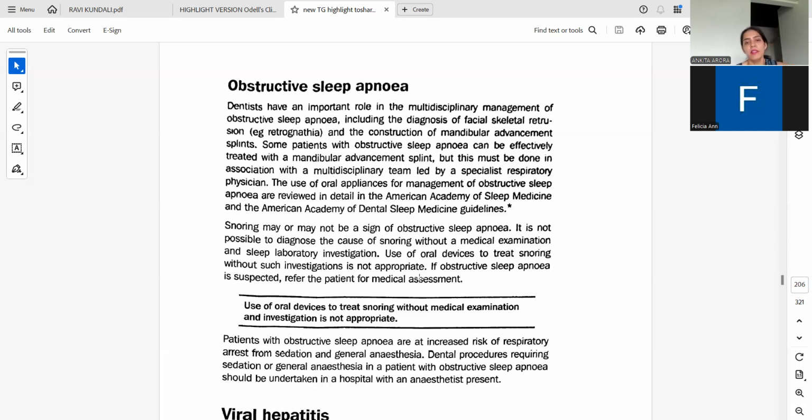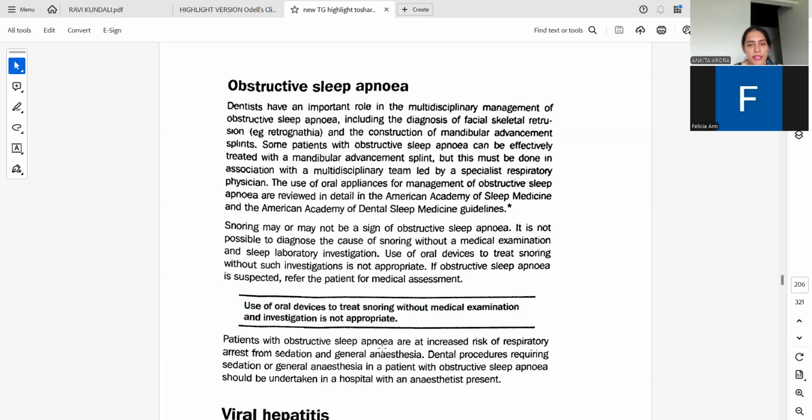Don't take the medical examination lightly in these cases. First, send them for medical examination and then proceed to oral devices. Use of oral devices to treat snoring without medical examination and investigation is inappropriate.